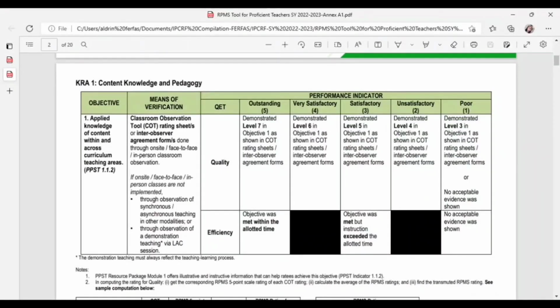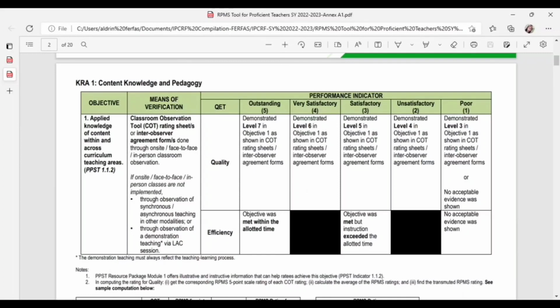Okay, the first KRA focused on content knowledge and pedagogy. Objective 1, applied knowledge of content within and across curriculum teaching areas. The MOV here in Objective 1 is the Classroom Observation Tool or COT rating sheets or the Inter-Observer Agreement Forms done through on-site or face-to-face classroom observation.